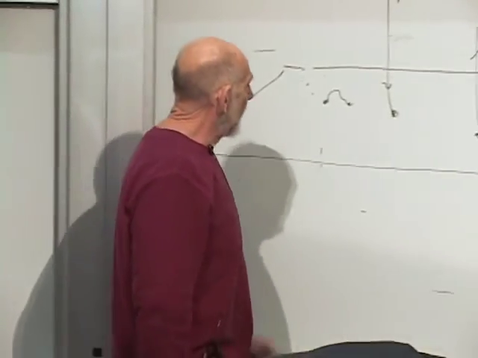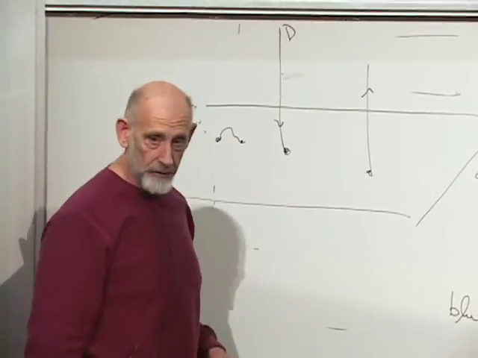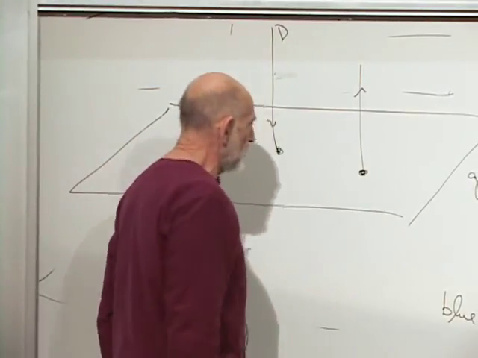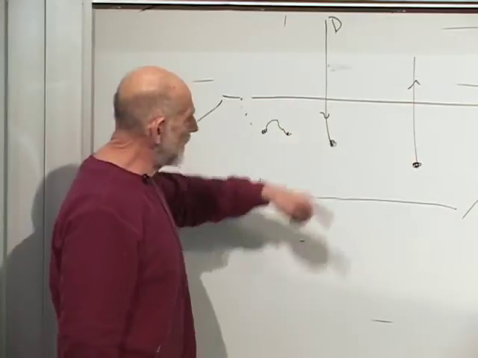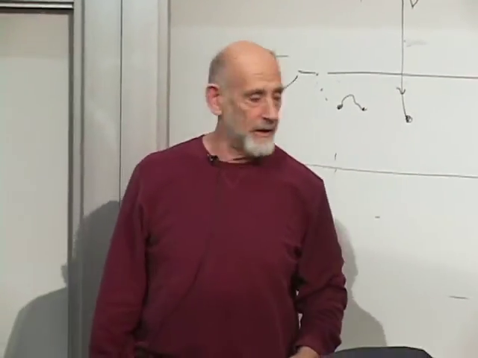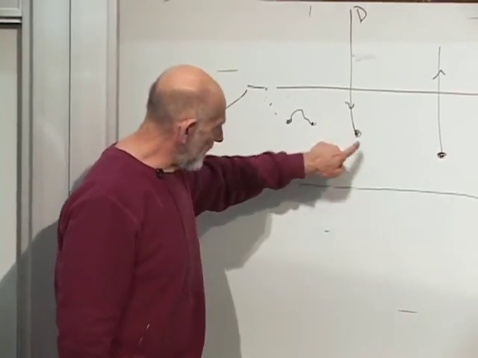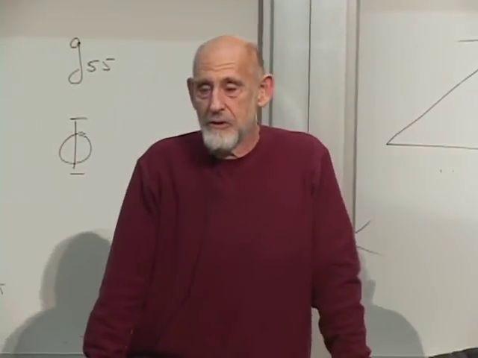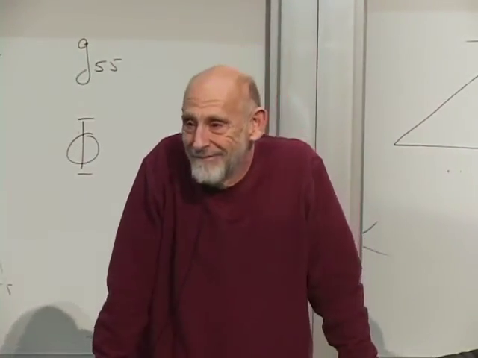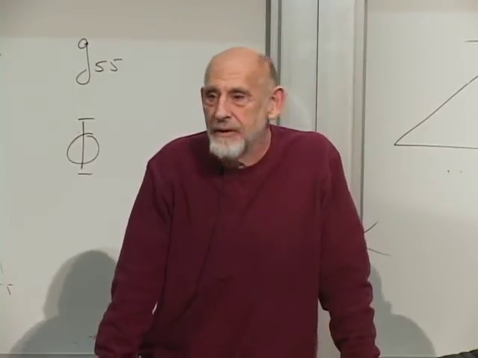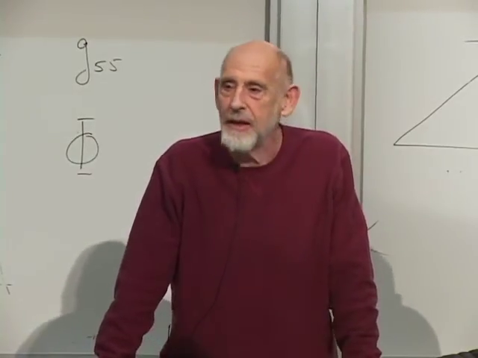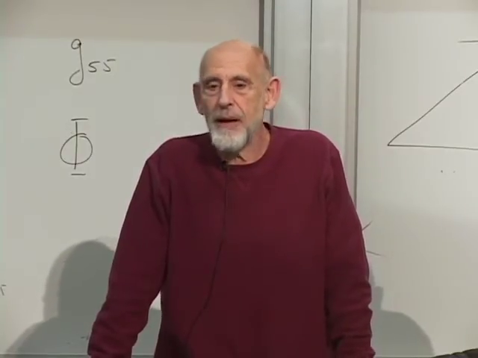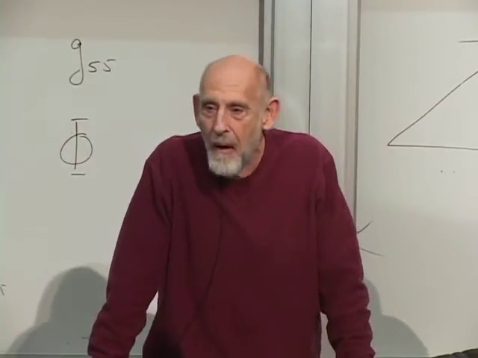But then, if ordinary strings, the ones we started with, make electrically charged particles, what do D strings make at their ends when they intersect the 3-brane here? Can you guess? Neutral? Nope. Well, they're in some sense neutral, but they've got to be something similar to what happens when ordinary strings end.